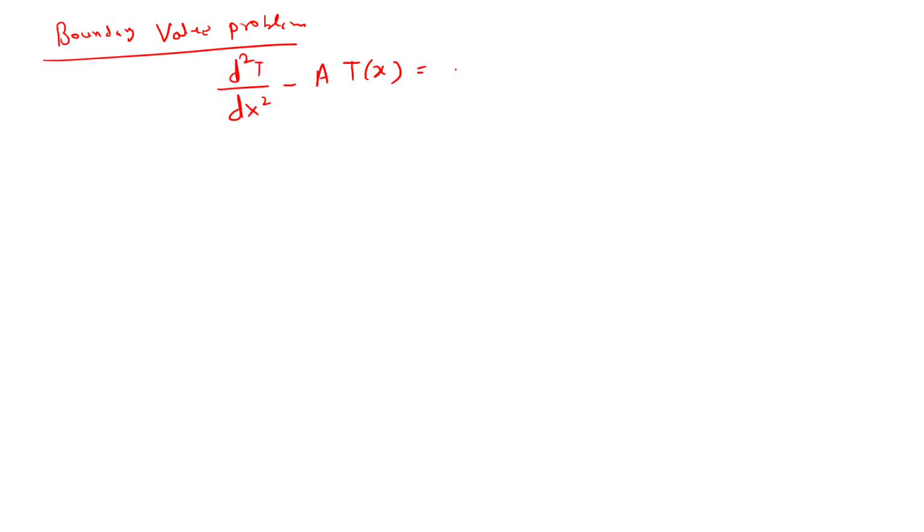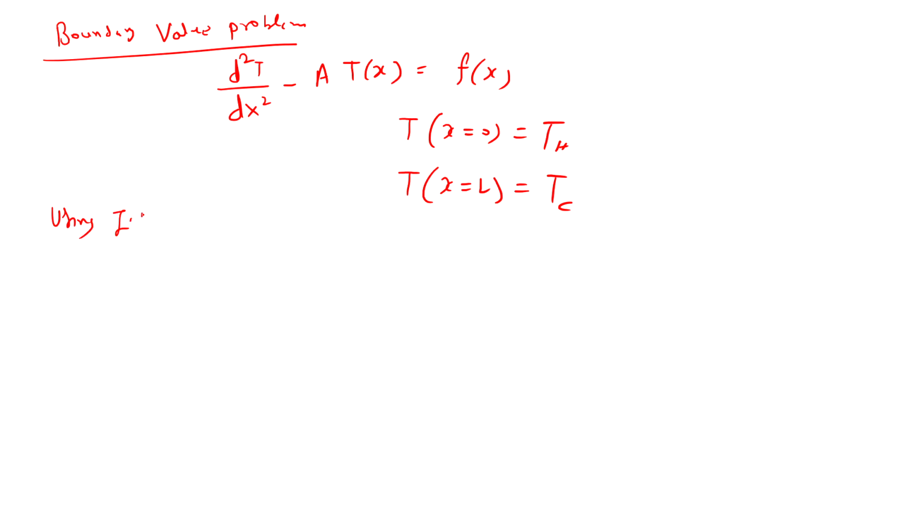So my boundary value problem has the form d2T over dx square minus a T x is equal to f of x, where T at x equal to 0 is T h, T at x equal to L is T c.